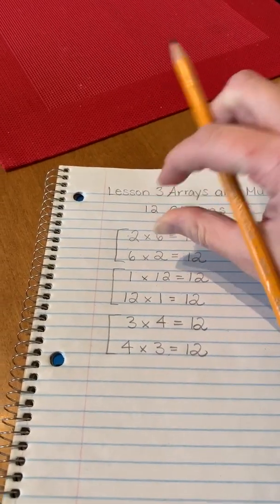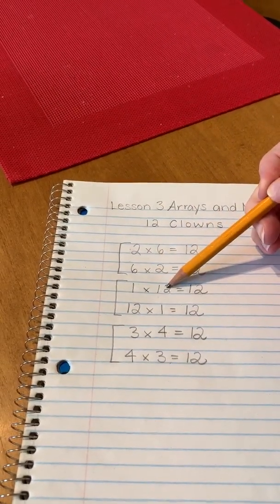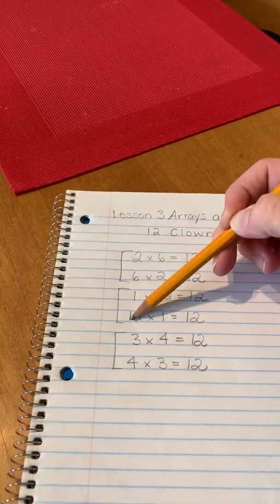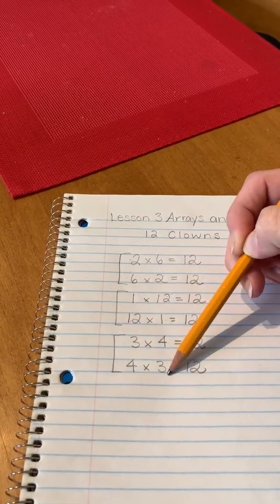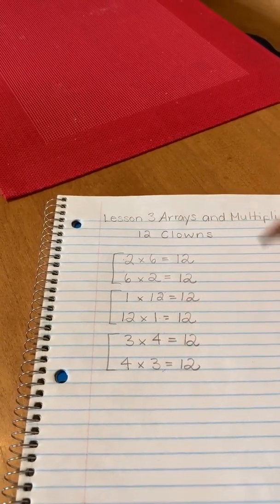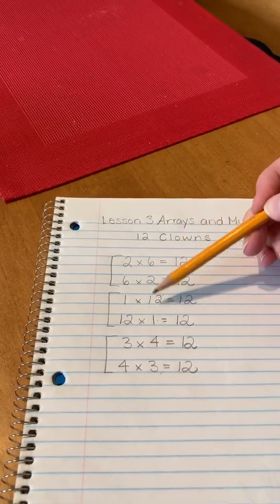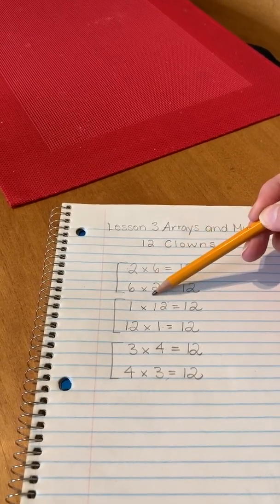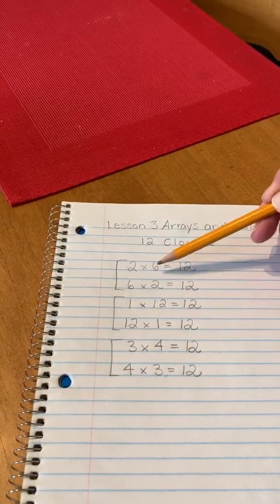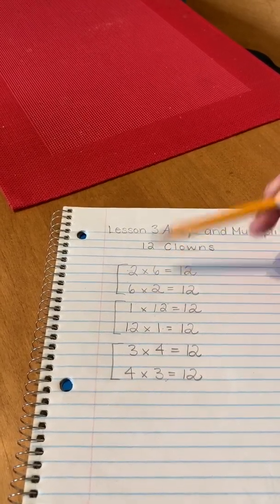They're just different ways of looking at the same array. 1 times 12, 12 times 1. 3 times 4, 4 times 3. So similar to how we used to look at fact families, each multiplication sentence has a pair simply by flipping the numbers.